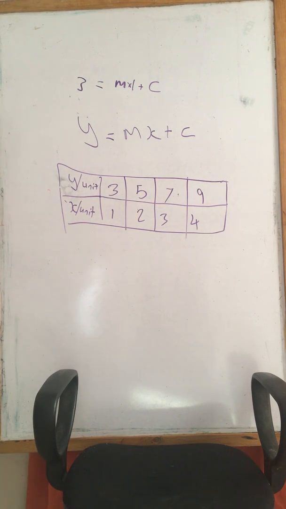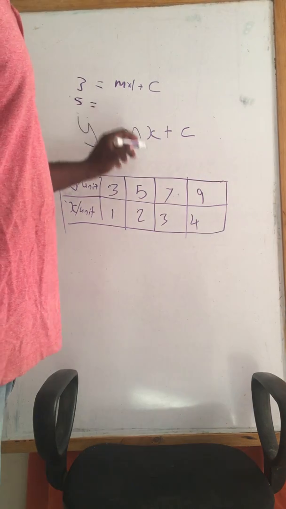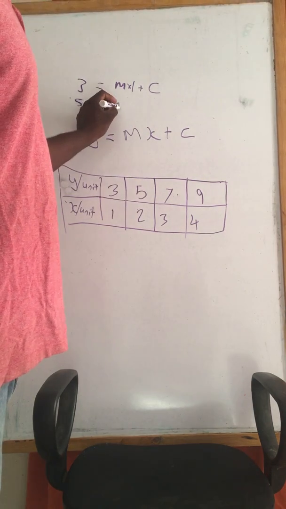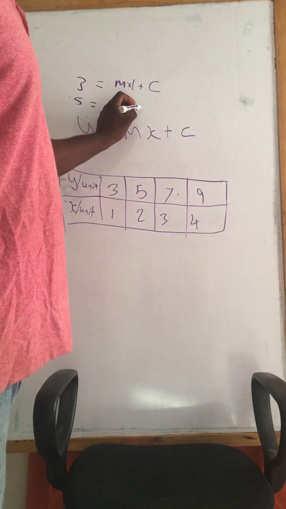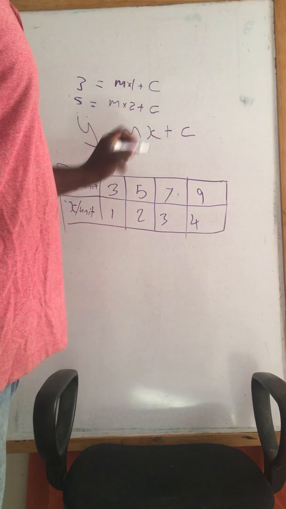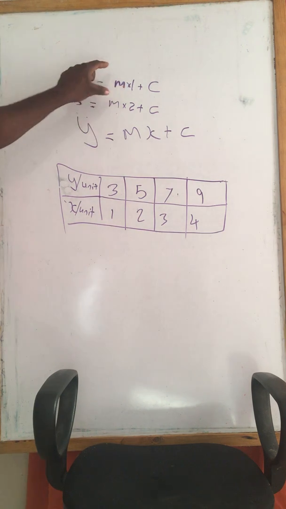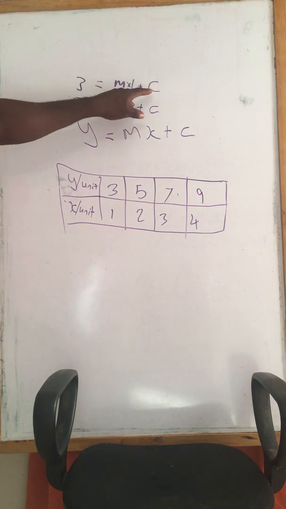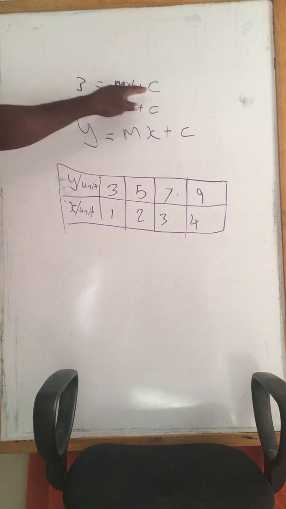And right here, 5 is equal to m times 2 plus c. So then, obviously, we have two unknowns right here, this and that. So we must be able to find these unknowns, right?